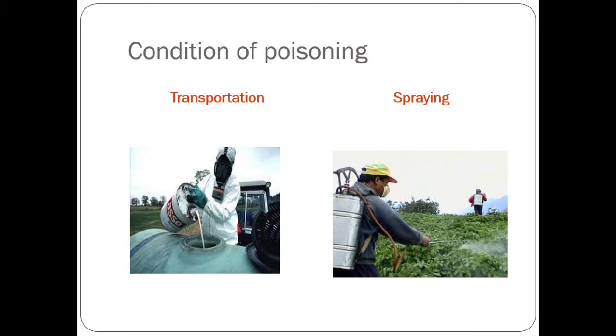In the process of spraying, you must have protective measures like wearing a mask, like in this picture, and noting the direction of the wind to avoid exposure to organophosphate. If this precaution is not respected, the person will be exposed to organophosphate poison.